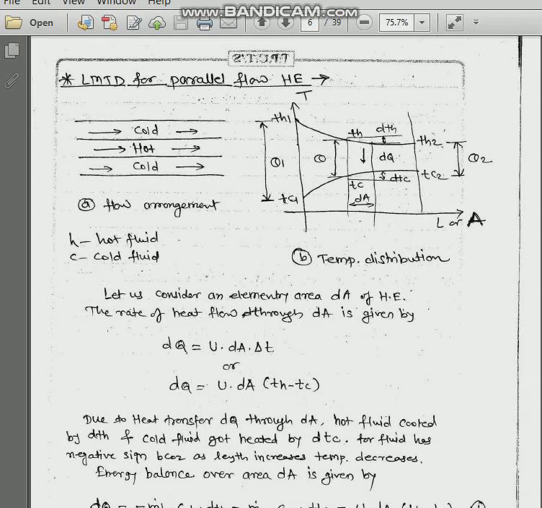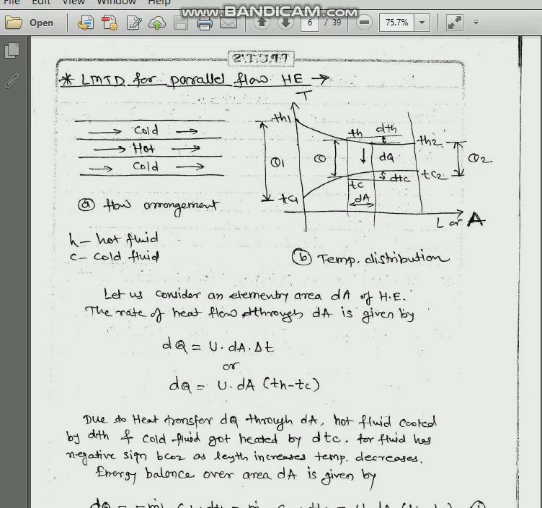Now first we will see the elementary area which is shown here, that is dA. So let us consider the elementary area dA of the heat exchanger. The rate of heat flow through this small area will be given by, you can see in this PDF, dQ is equal to U, already we have seen in the assumptions, capital U is the overall heat transfer coefficient, into dA. dA indicates small elementary area, into temperature difference.